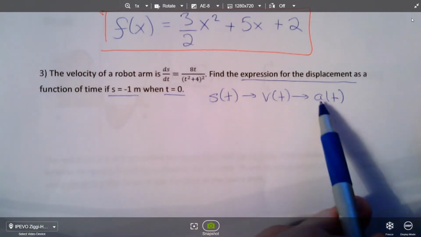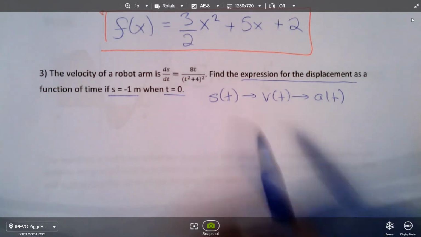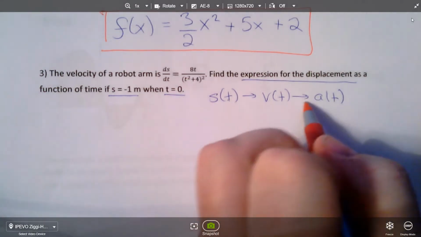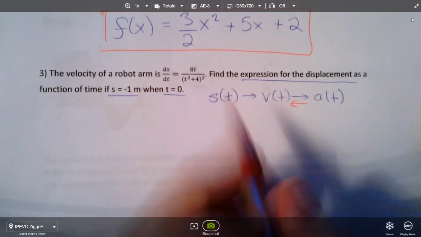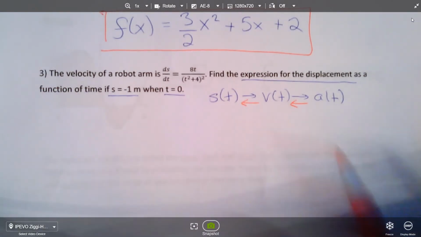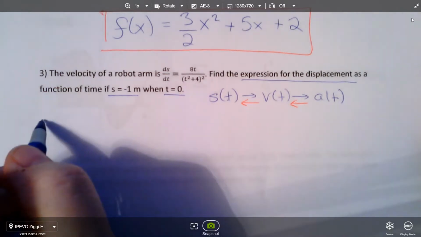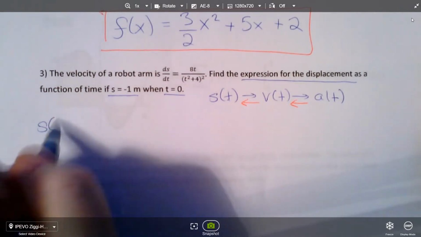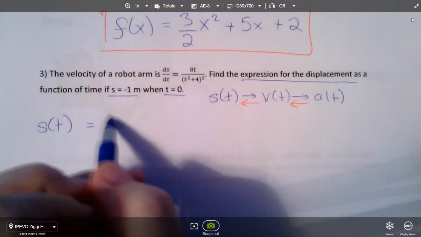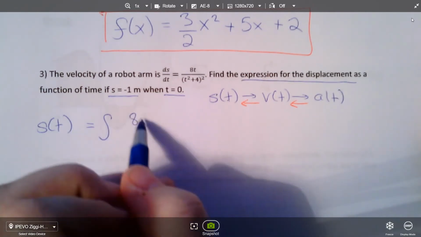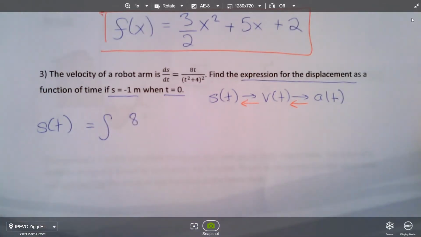Differentiate velocity, you get acceleration. Well, it also works in reverse. If you integrate acceleration, you get velocity. And if you integrate velocity, you get displacement. And that's what we're doing here. So we're going to get the function for displacement by integrating our velocity.